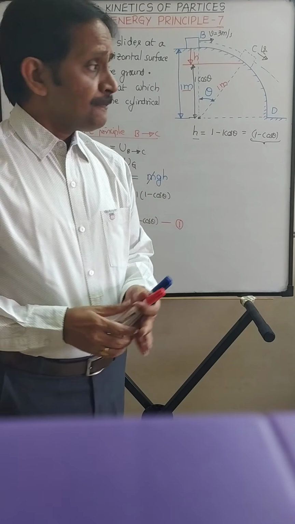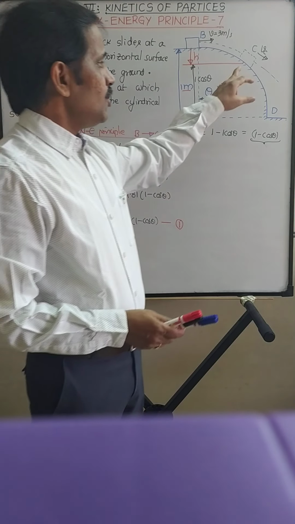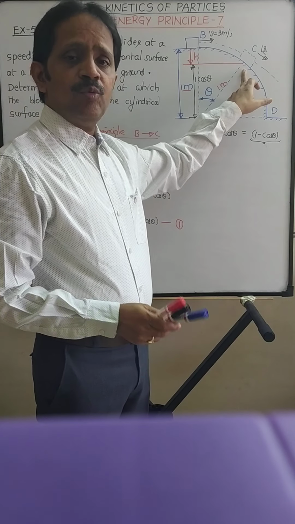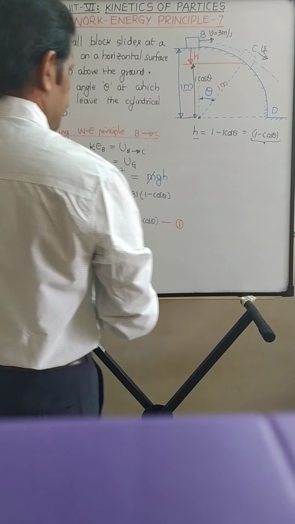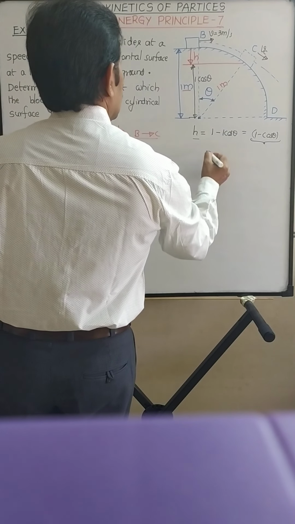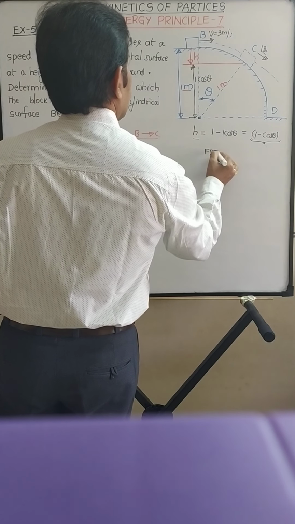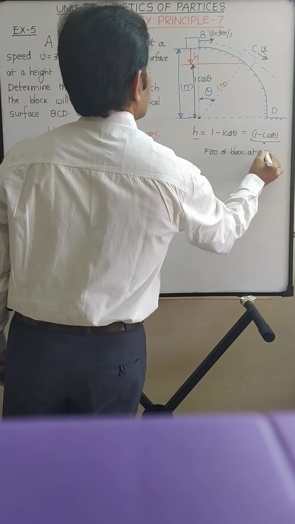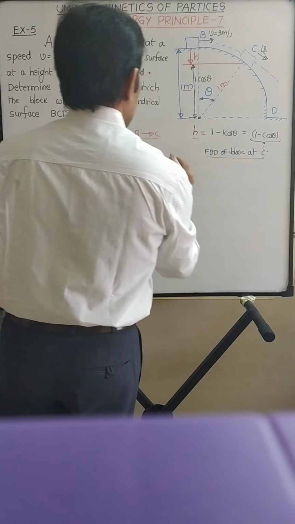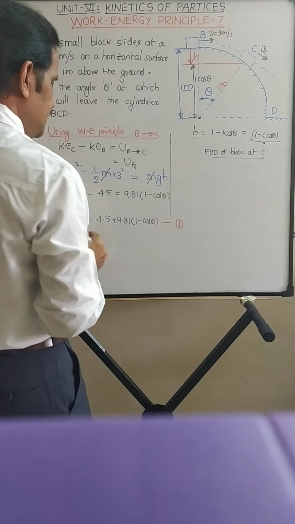Right? Now let us draw free body diagram of the block at point C where it leaves the surface. So what is the significance of point C?